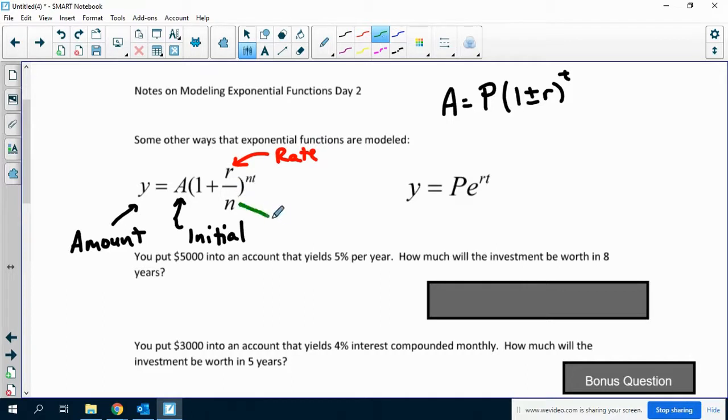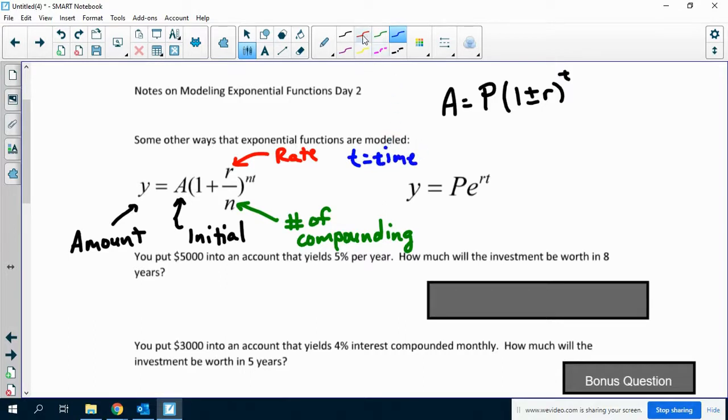N appears twice, so N is also in the exponent. N is the number of compoundings, so that's how often the interest is taken on your account within a given time period. And T represents time.